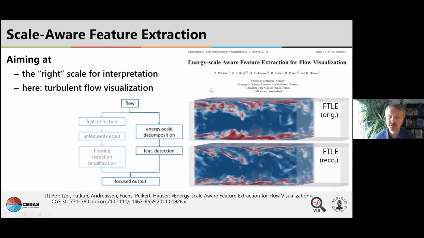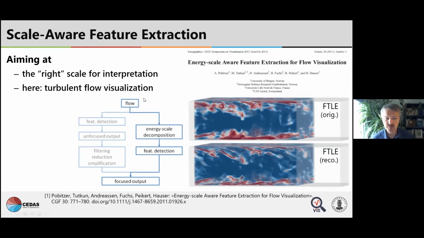Some years back, we worked on energy scale feature extraction for flow visualization. So we thought, well, if a turbulent flow is coming with this hierarchy of energy scales, maybe we should work energy scale aware upfront.